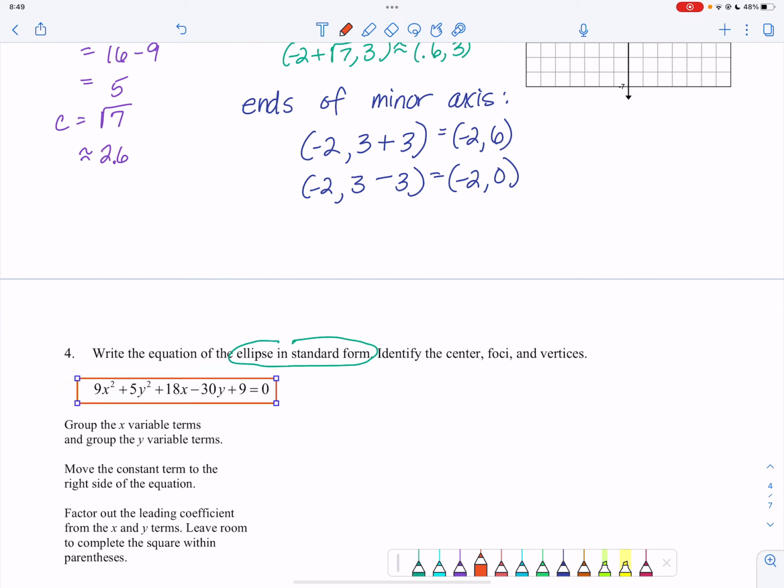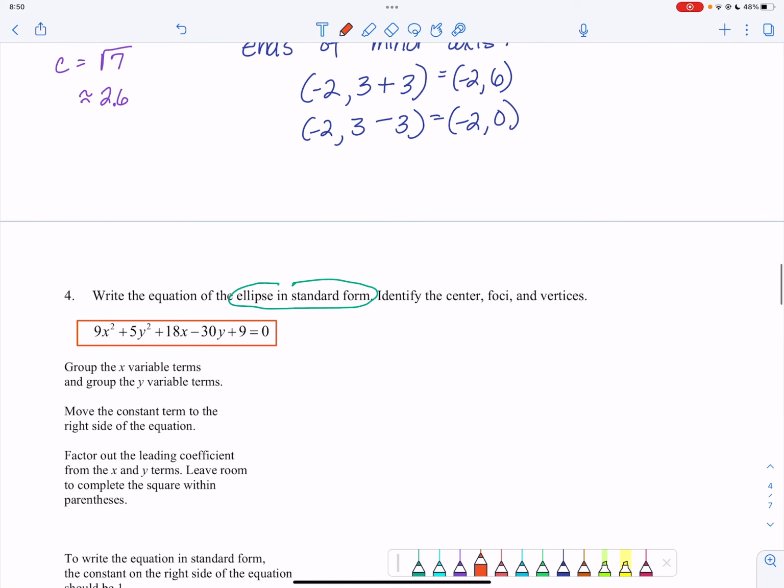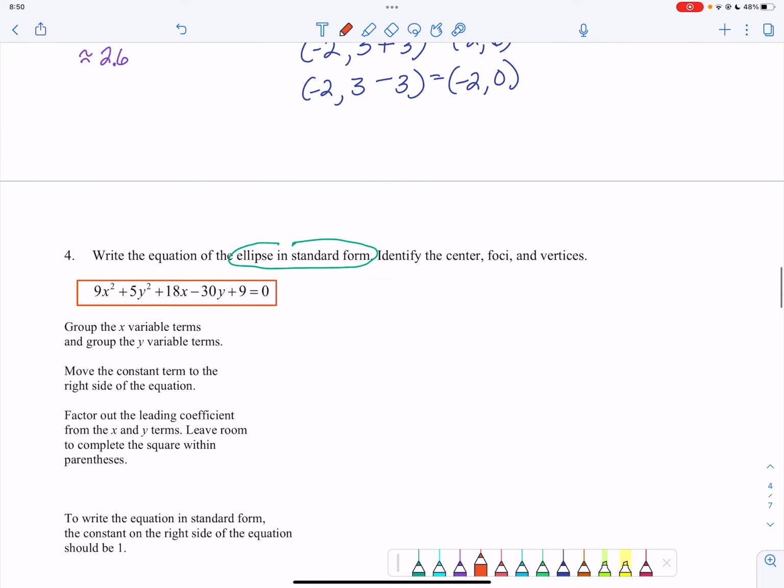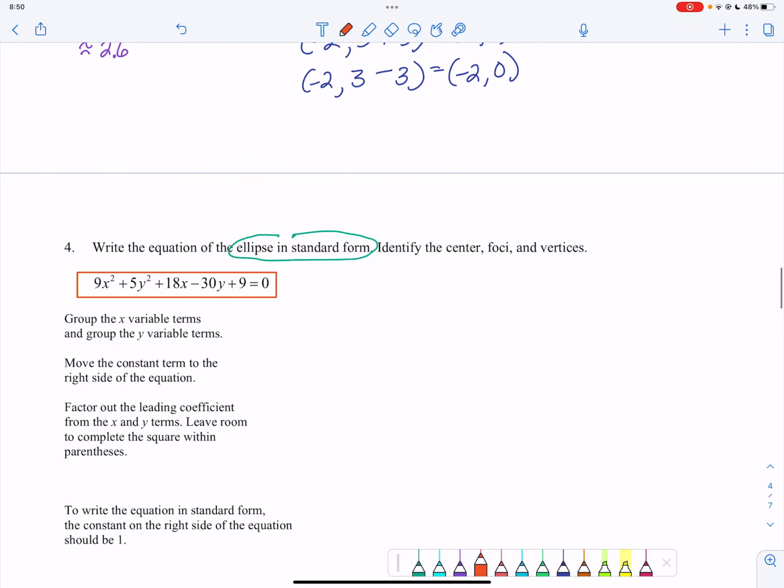Well, we all know the form that we have to arrive at. We need a 1 on the right-hand side of the equation. We need the x squared in the numerator, the y squared in the numerator, a squared and b squared in the denominator. So we have quite a lot to do. Let's go ahead and take this step by step.